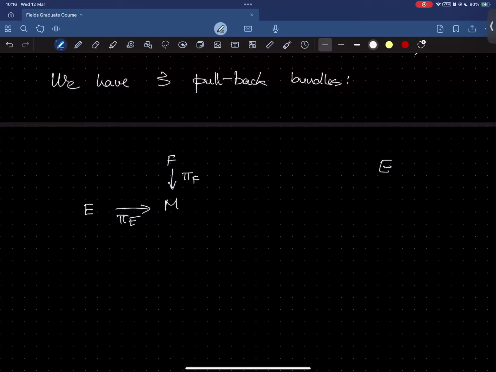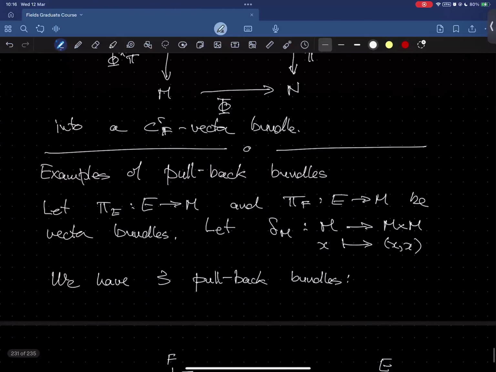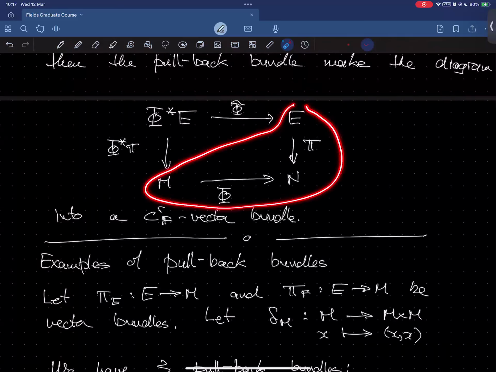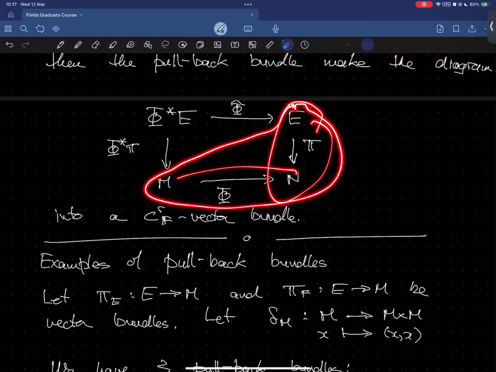So I have E, pi E, M. Now, from this diagram, I've drawn this component of the diagram, and that's the data that defines the pullback bundle. The pullback bundle consists of this and this.